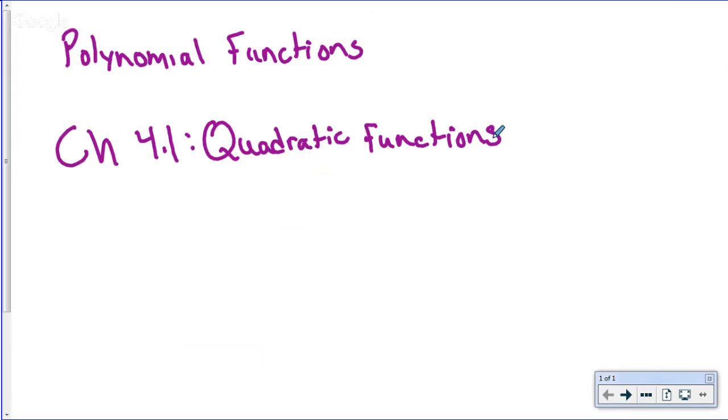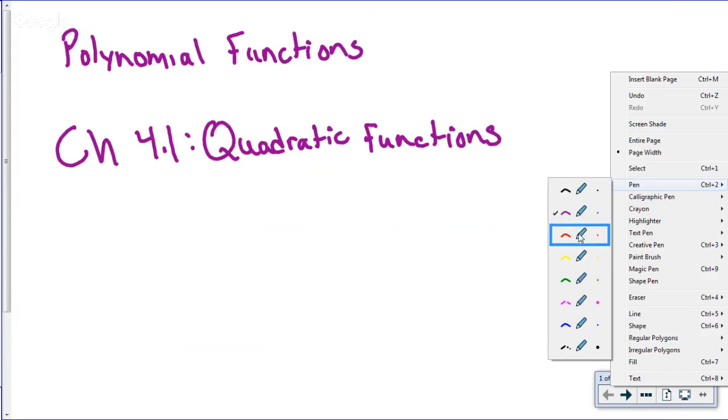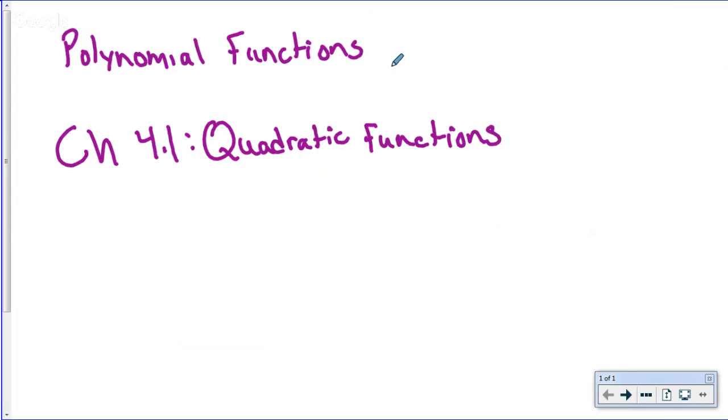A quadratic function is a polynomial function, and polynomial functions are any function in the form a_n x^n plus a_(n-1) x^(n-1), and you go all the way down until you have a_1 x, and then plus a_0, which is your constant.